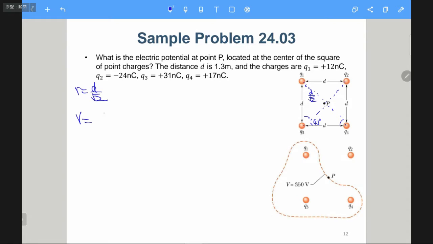And V equals the summation of Vk, k from 1 to 4.